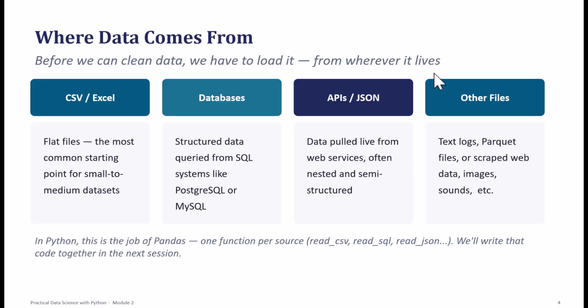In Python, this is the job of pandas, with one function per source. Don't forget, pandas is a very powerful library for handling data in various forms. We can read CSV, Excel, SQL, and JSON, and we will write that together during the code so we see how it is used.